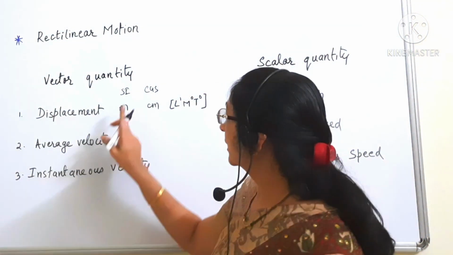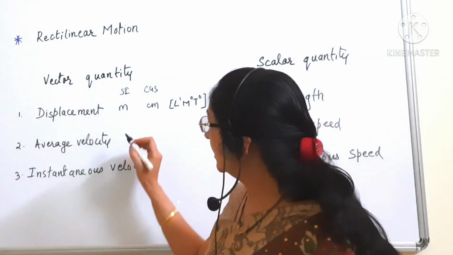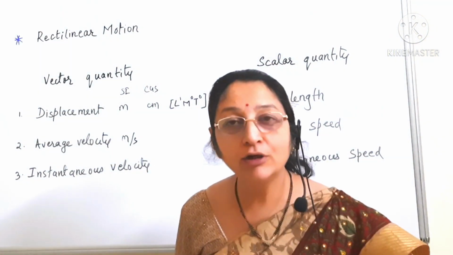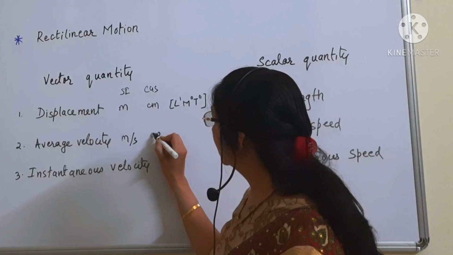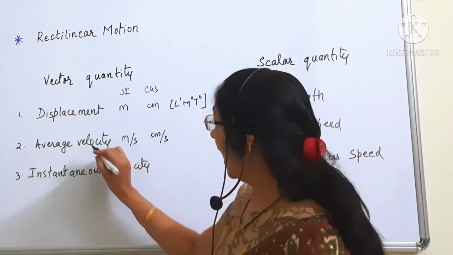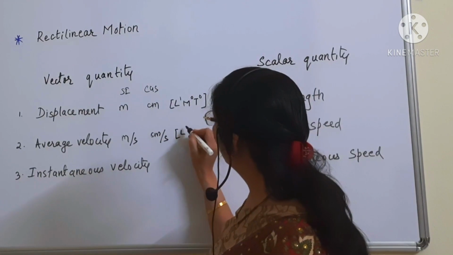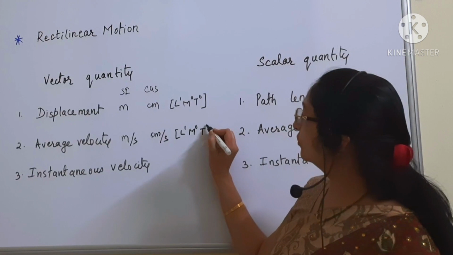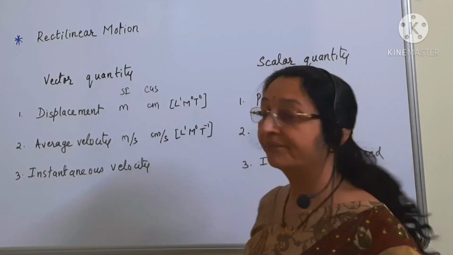The SI unit of velocity is meters per second and the CGS unit of velocity is centimeters per second. The dimension of the average velocity is L to the power 1, M to the power 0 and T to the power minus 1.